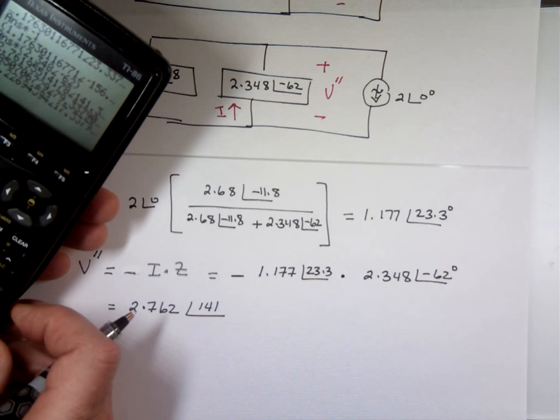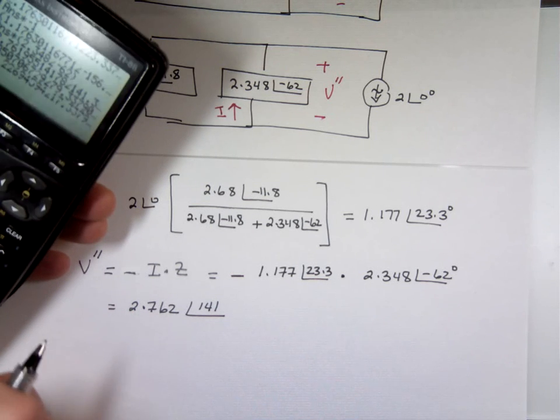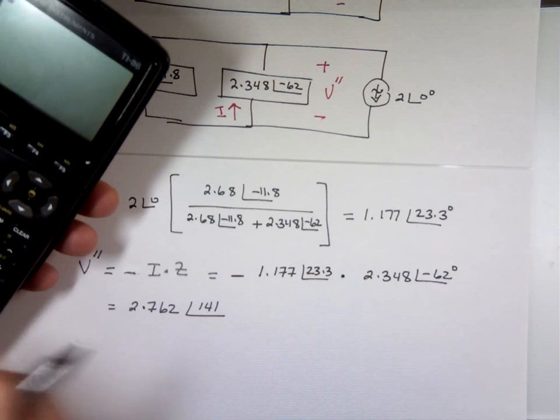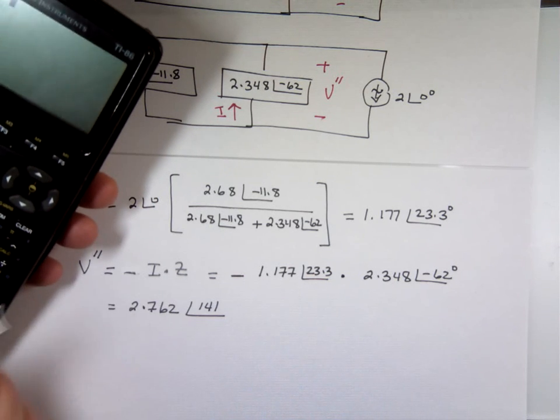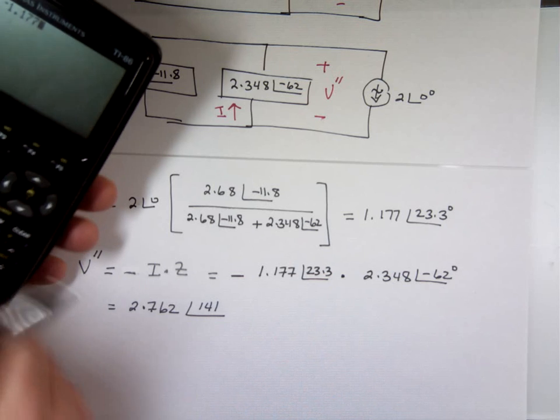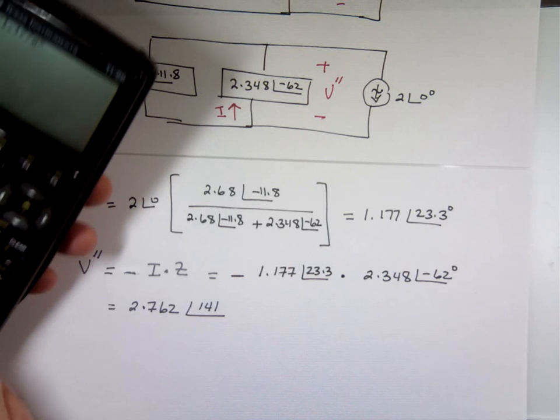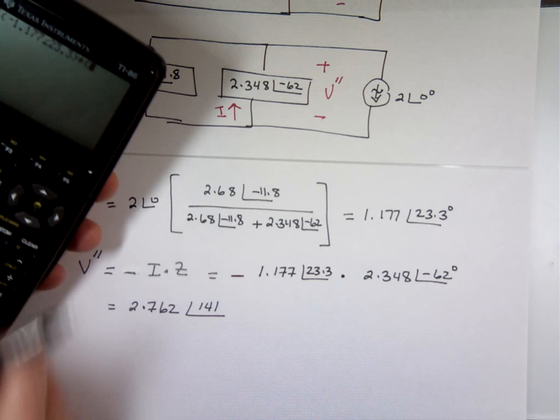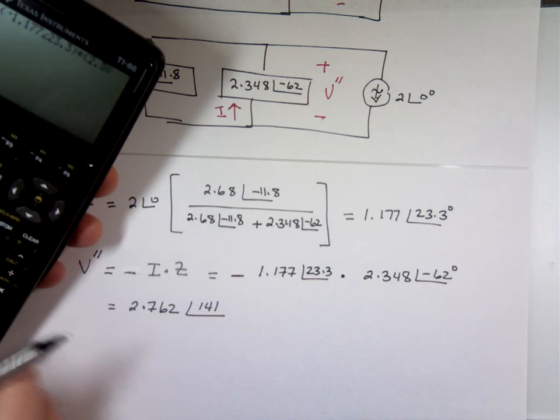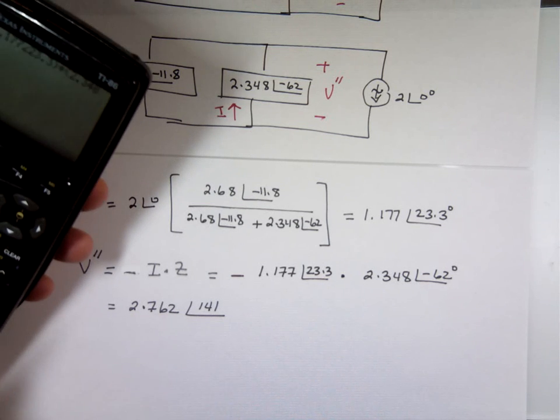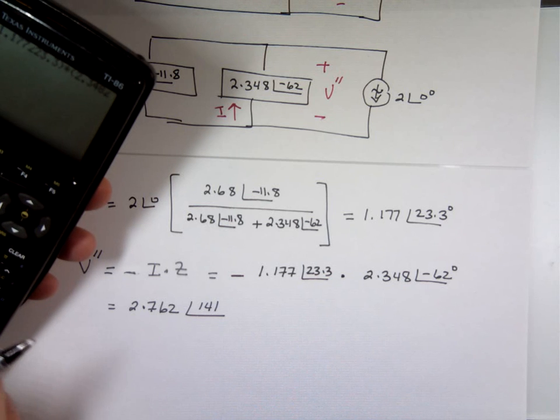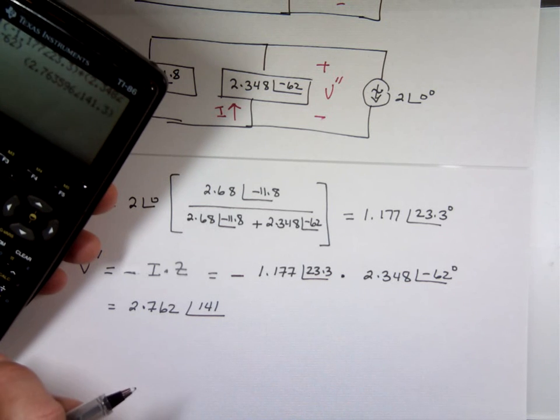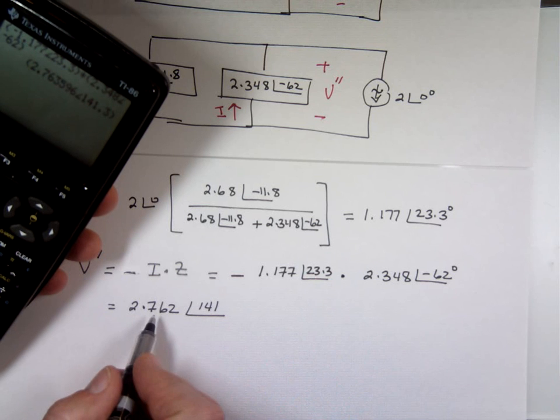Do I have to convert to rectangular? Let me try that, because I think I might have hit some wrong key here. Negative 1.177 angle 23.3 times 2.348 angle -62. 2.762 angle 141.3 degrees. It was right here.